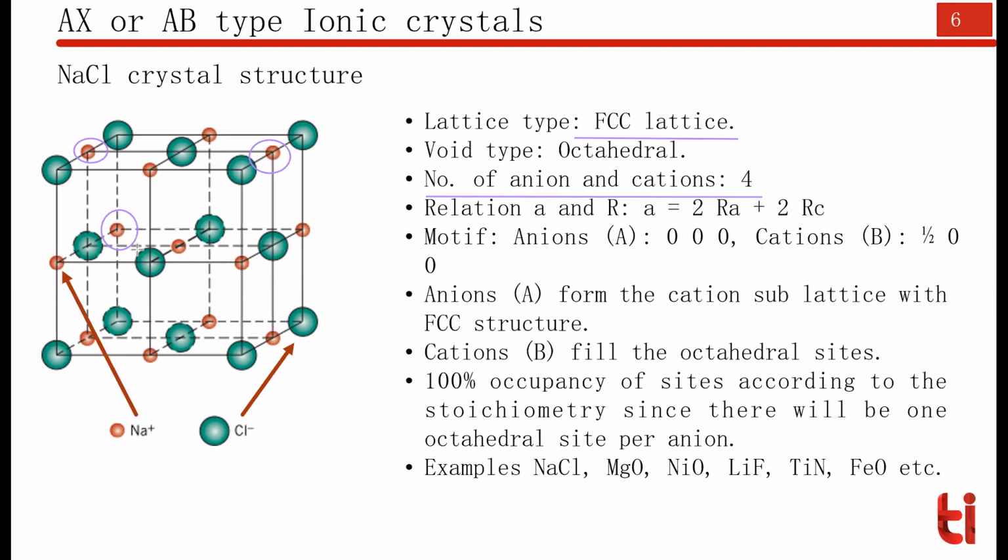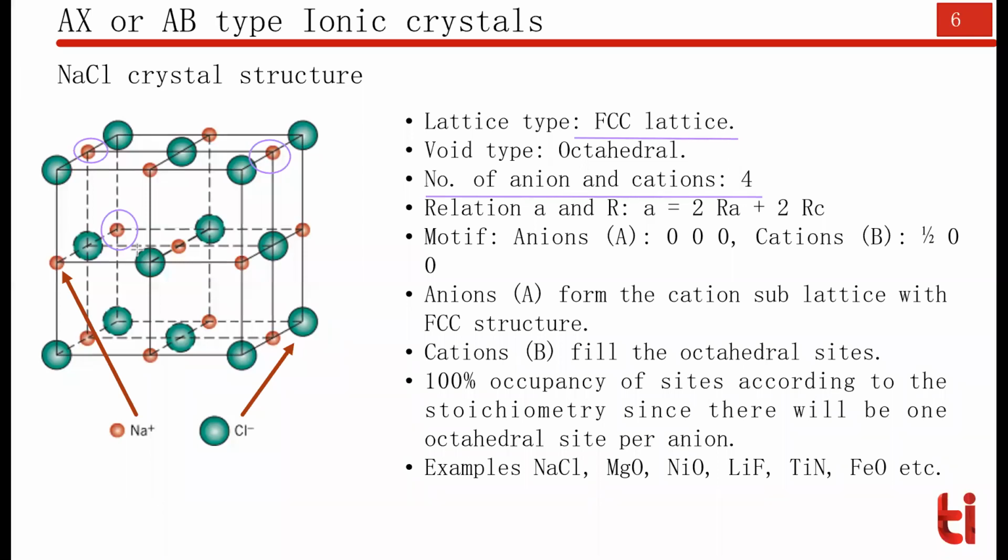From our previous discussion, we know that this position is the octahedral void. So in the NaCl crystal structure, the chlorine anion makes the regular FCC lattice, and the cation Na+ occupies the octahedral voids.